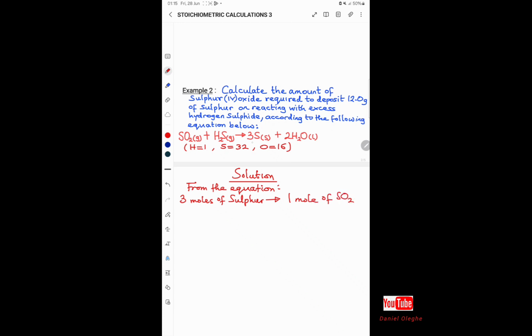We have 3 moles of sulfur being produced by 1 mole of sulfur 4 oxide, SO2, in that reaction.